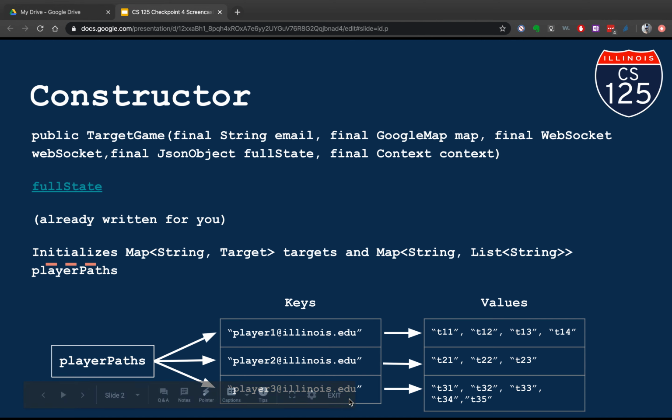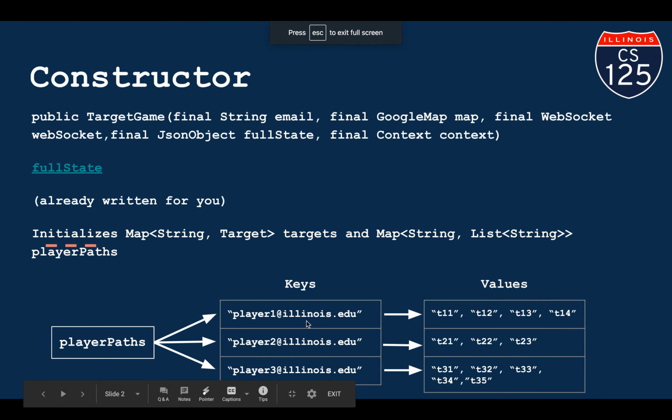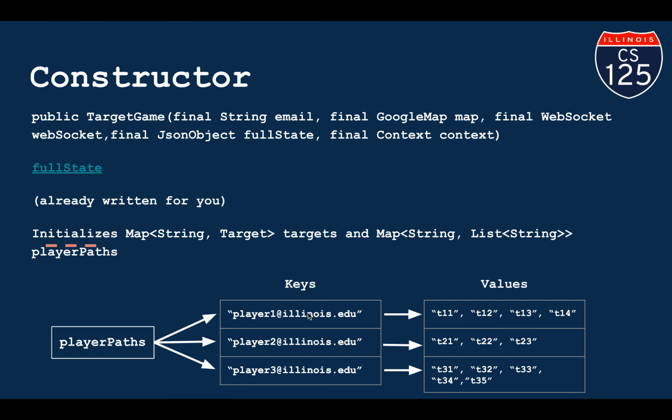Using that full state, we initialize a map called targets, and this just maps a target ID to a target instance. If you remember the target class from Checkpoint 3, that's what we're using here. The target IDs are given in the full state.